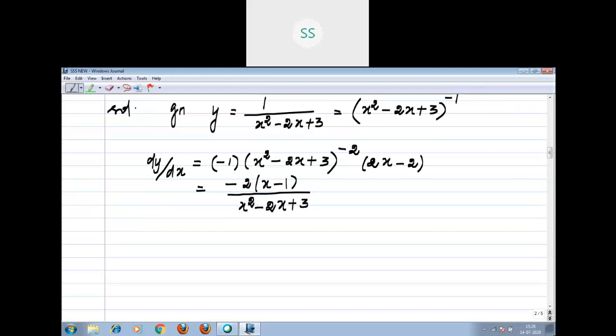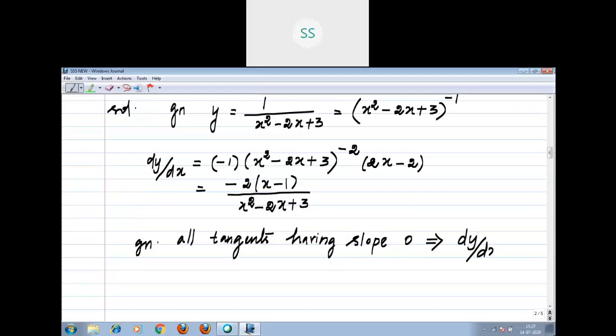Now, what is given in the question, you see: all tangents having slope 0. Slope means, I told you, that is dy by dx.